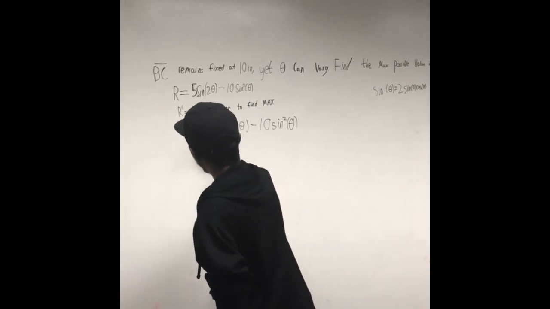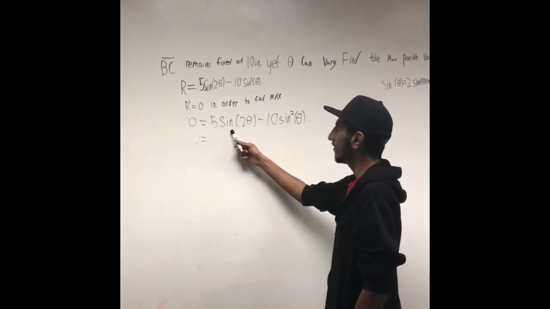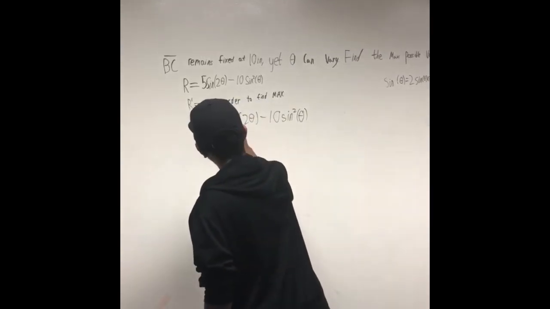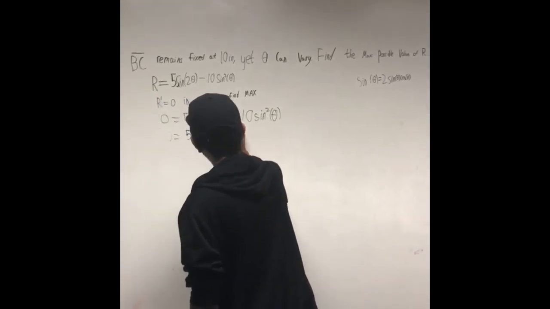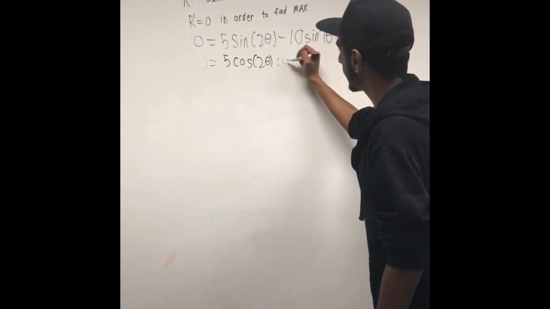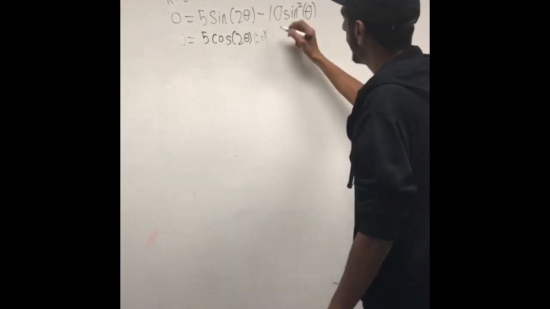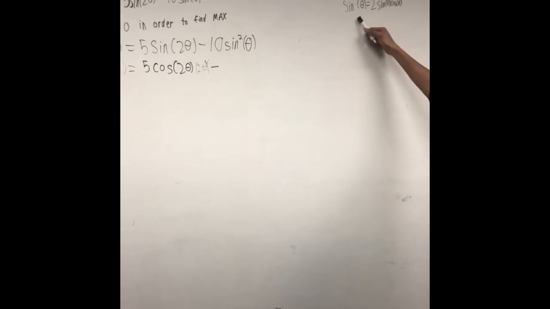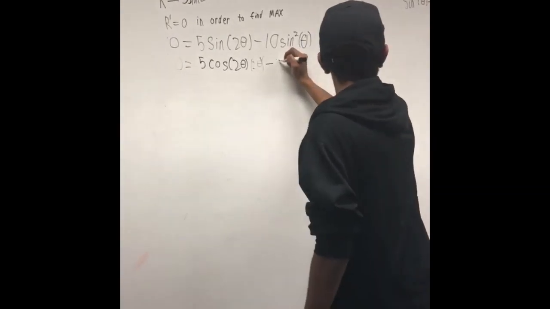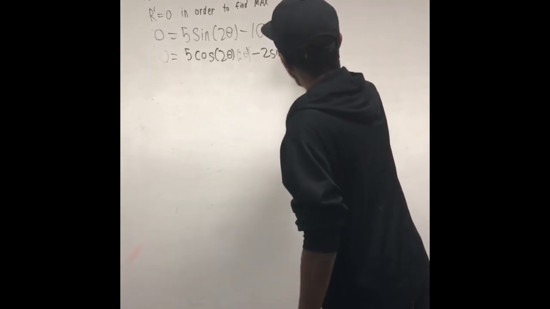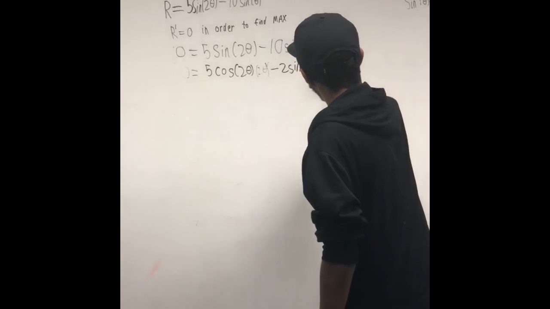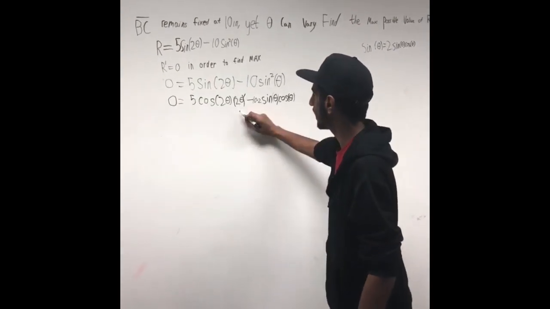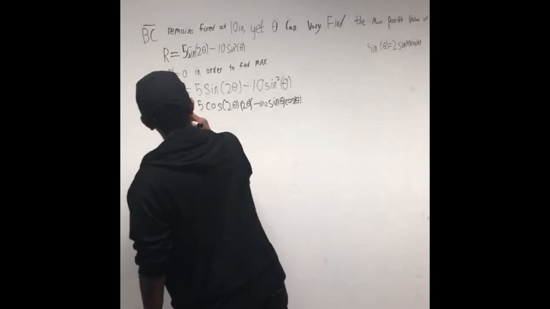So it'd be 0 equals, the derivative of sine would be cosine, but since we have 2 theta, we have to multiply by the derivative of that: 5 cosine 2 theta times the derivative of 2 theta, which is just 2.